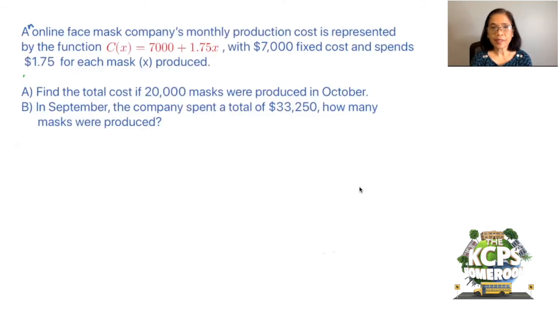Okay, let's have another example. An online face mask company's monthly production cost C is represented by the function C of x is equal to 7,000 plus 1.75x, where 7,000 is the fixed cost and the company spends $1.75 for each mask that is produced.